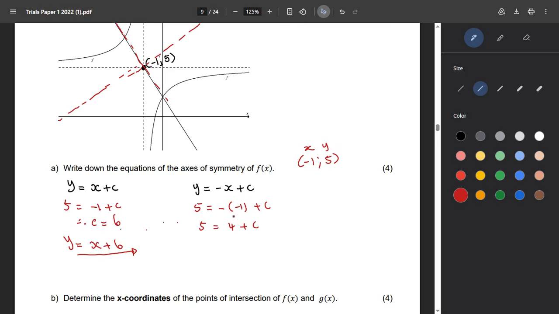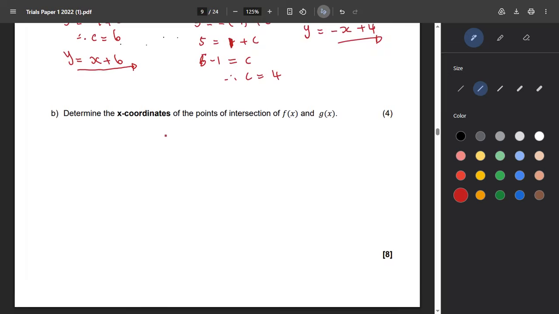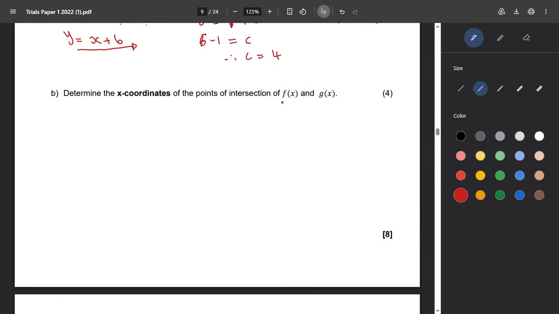What is this? That's positive 1, not 4. The 1 comes this side to be 5 minus 1. So you'll see it's just 4. So the graph of the axis of symmetry is y = -x + 4. This is another answer.